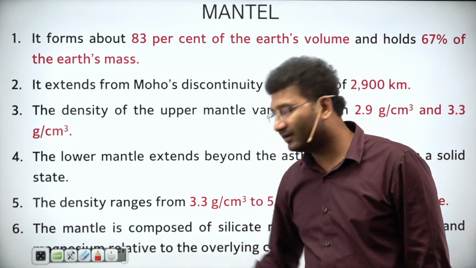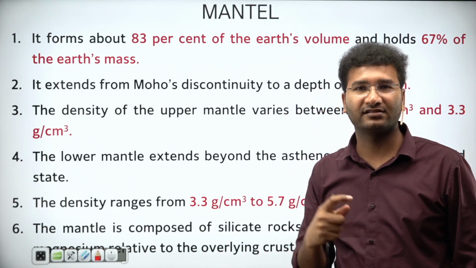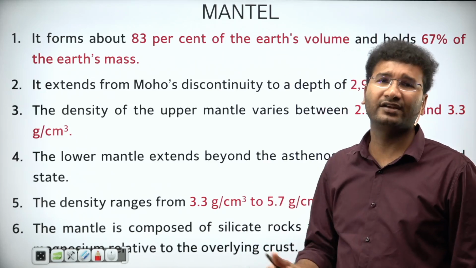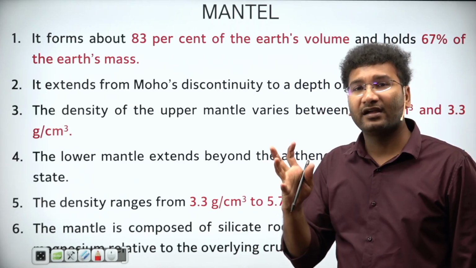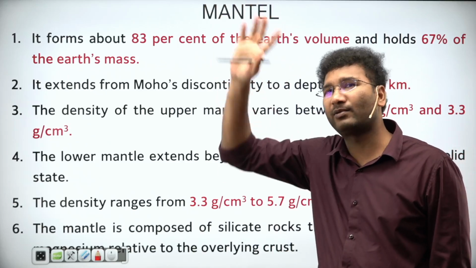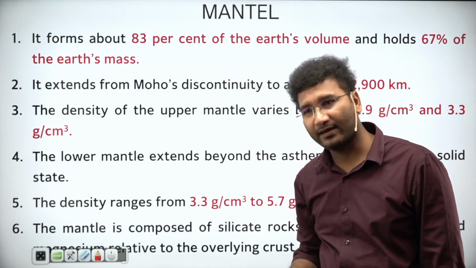And mantle is having convectional cells. The material in the mantle, sometimes because of excessive heat, the heat here will melt the rocks, and that melted rock will come out in the form of volcano, right?